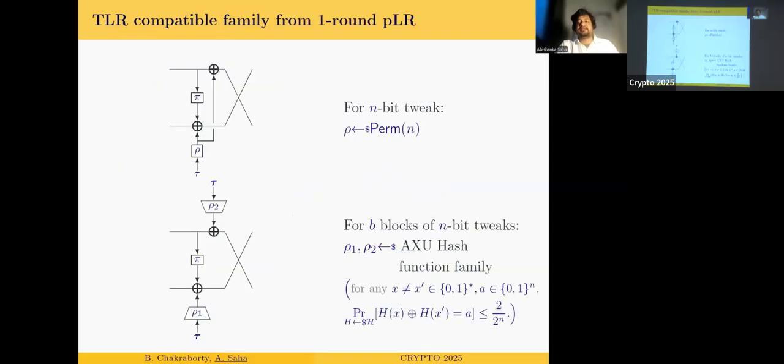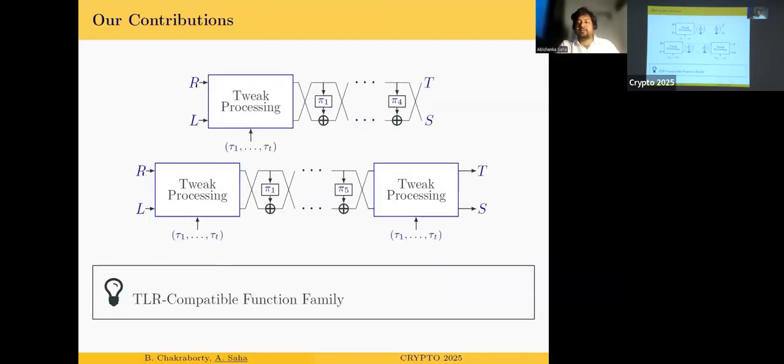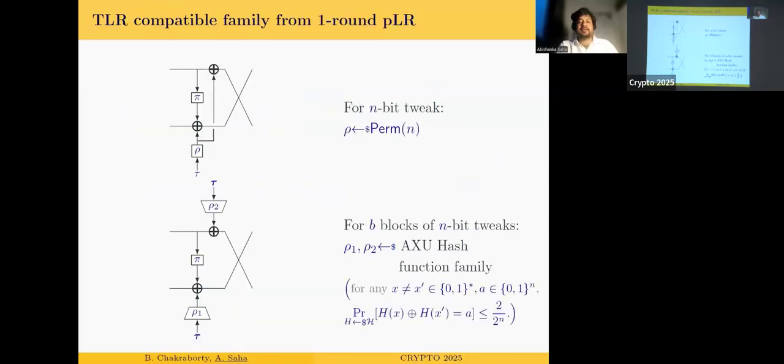This is the TLR compatible family definition that the tweak processing maps need to follow, so that the candidates presented in the slide before achieve optimal CPA and CCA security respectively. And we instantiate these TLR compatible families using one round of PLR as follows.